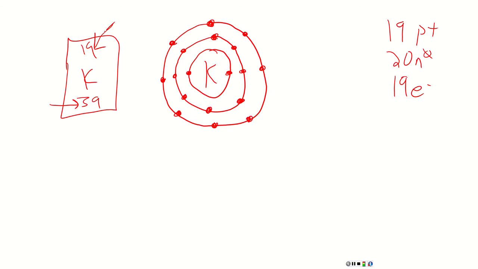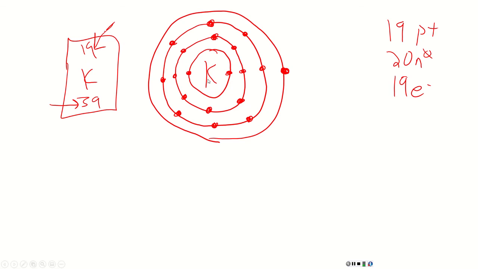Well, now I've got 18 electrons drawn, but I need to draw 19. So what do I do? I add a fourth shell and put an electron in that. So that is potassium. A K to represent 19 protons and 20 neutrons in the middle.